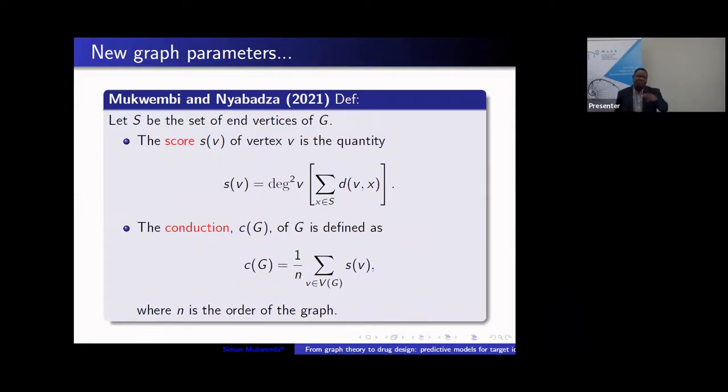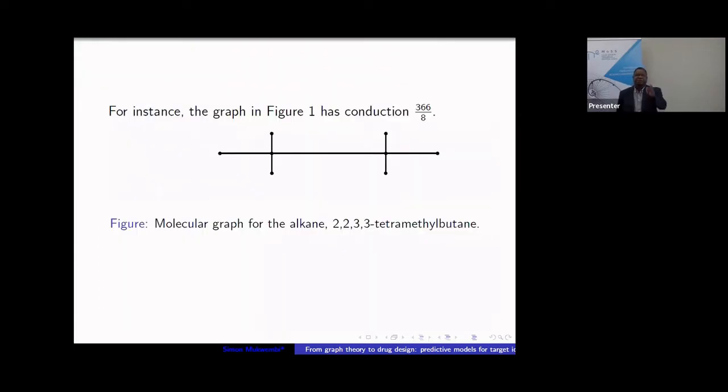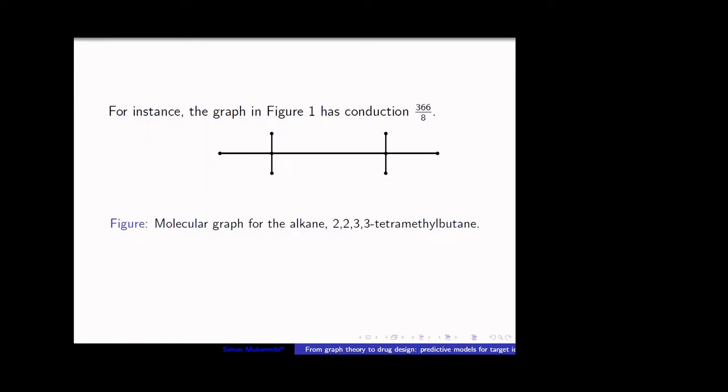And then the sum of the scores divided by the number of vertices in the graph is what we call the conduction of a graph. So for instance, if you look at the graph there on the screen, it's an alkane. It has 6 vertices, and one can actually calculate the conduction of that graph, and you will see that its numerical value is 366 divided by 8.